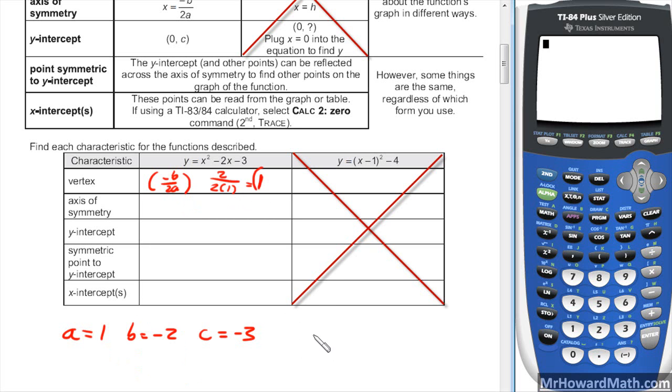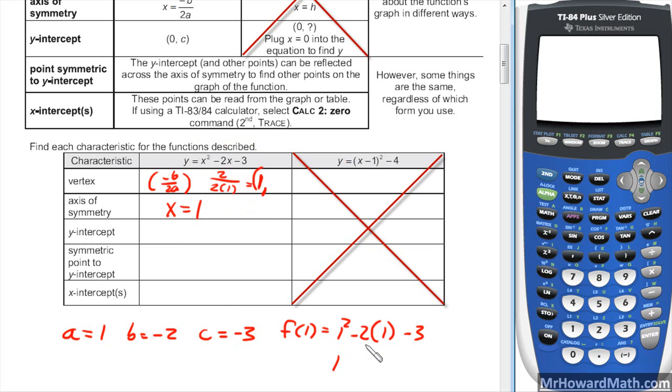So now we can get the axis of symmetry from that, x equals 1. So we need the y coordinate of the vertex. So we evaluate this function when x is 1. So we do f of 1. So that would be 1 squared minus 2 times x is 1 minus 3.